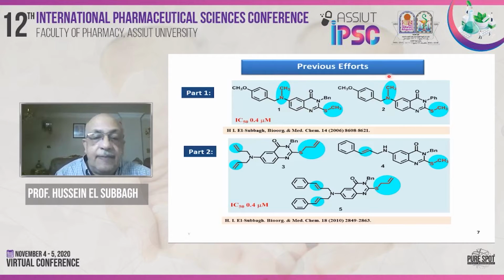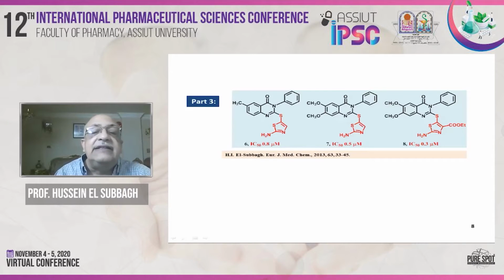We decided to introduce unsaturation on the quinazoline ring in various types, and we managed to allocate these three compounds in 2010, with IC50 around 4 micromole.